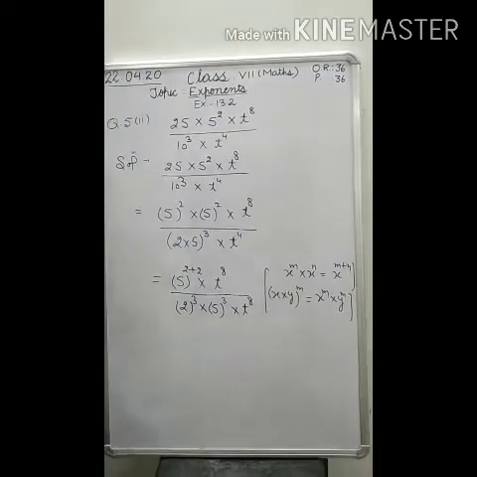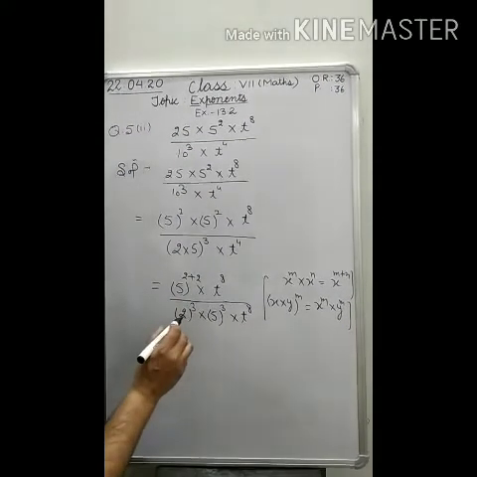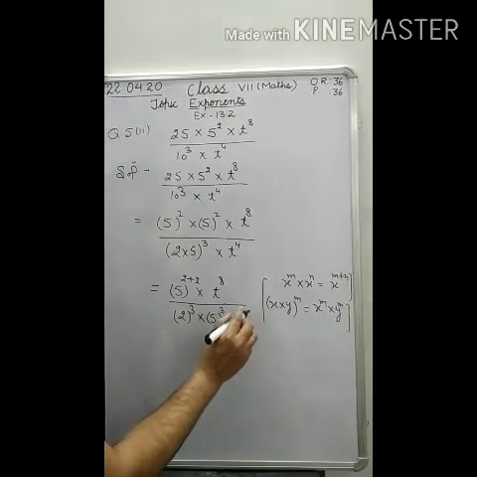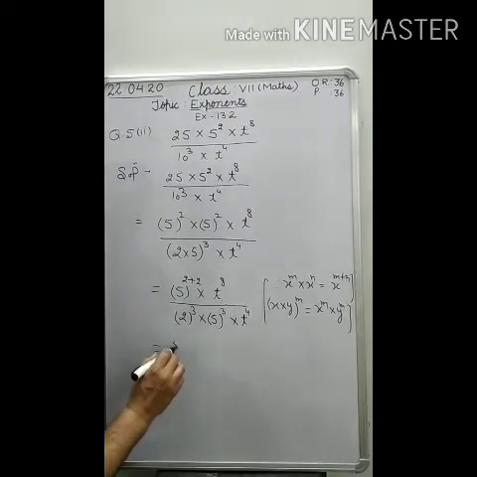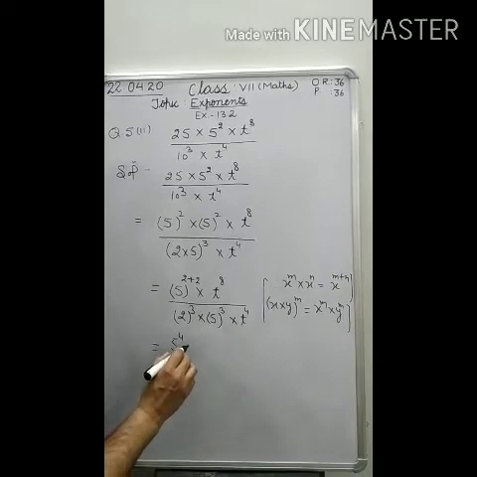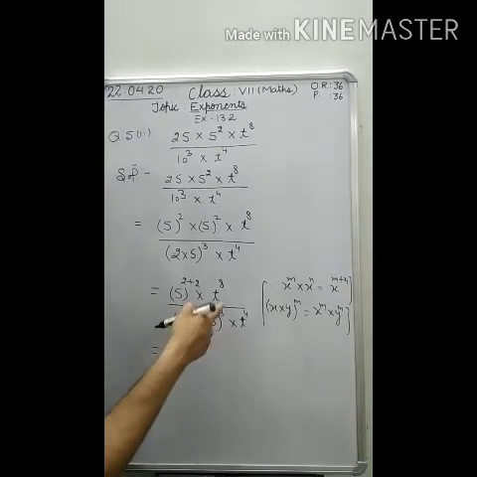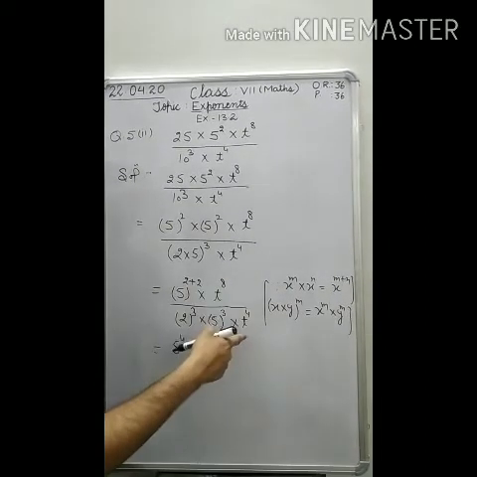Now just solve it further. Here it is t raised to the power 4, so it will become 5 raised to the power 4, and here just see x raised to the power m upon x raised to the power n.